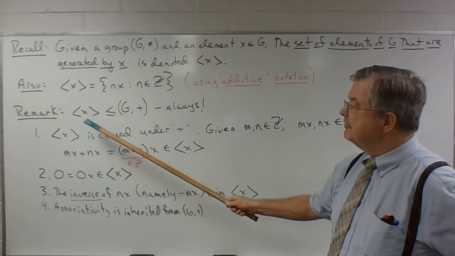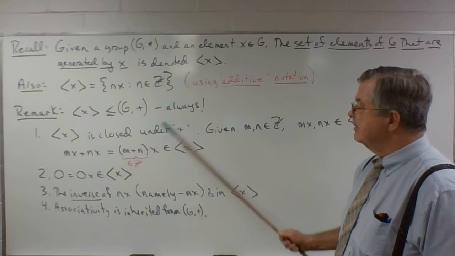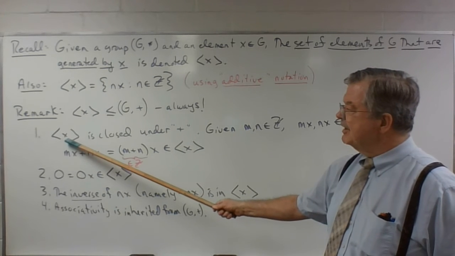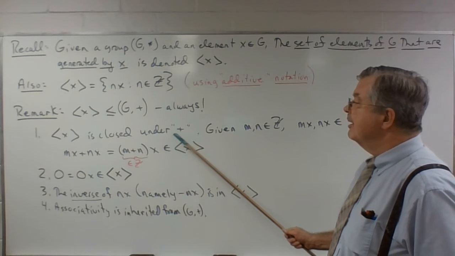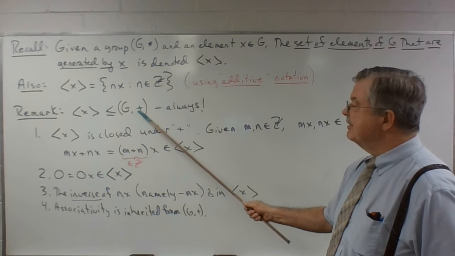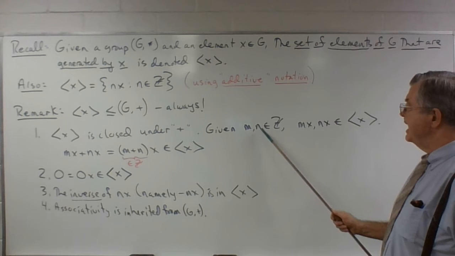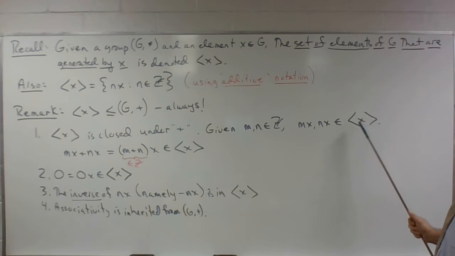The set of elements generated by X is indeed a subgroup of G, always. The first thing that we want to notice is the set of elements generated by X is closed under addition, or under the group operation inherited from G. If we have any integers m and n, then mx and nx are both elements of the set generated by X, just by definition of this set.